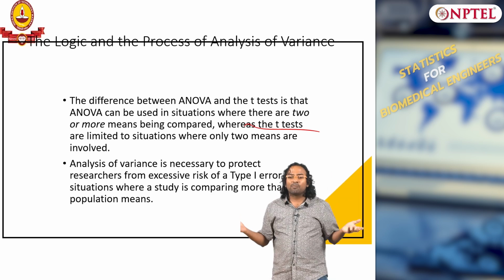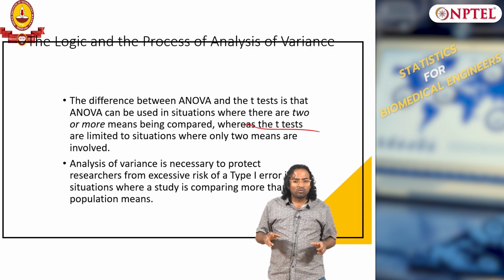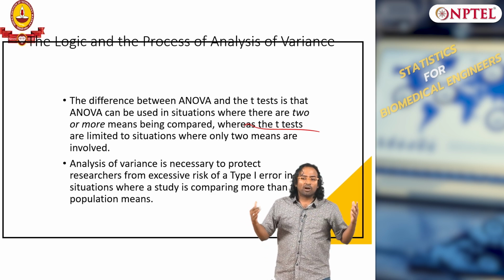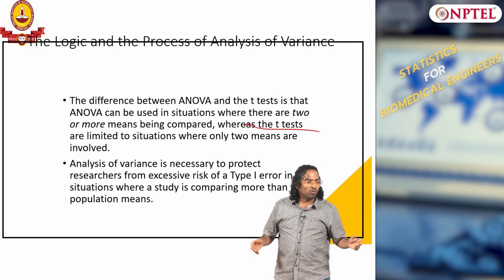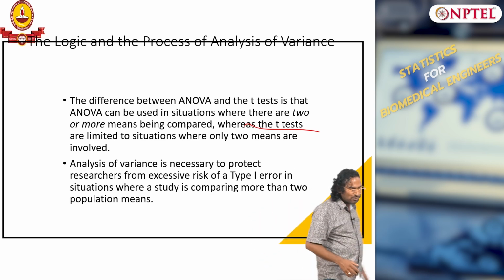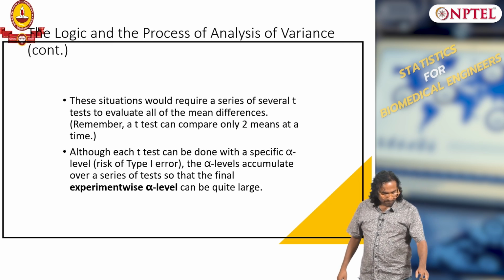What is the overall power of the test? You will not know, that becomes confounded. You see the point? If I have to compare 3 things and use t tests, AB you will have, BC you will have, CA you will have, what is the overall power of the test? You have individual power of test, but what is the overall power of test, right? All of this becomes confounded, and that is the reason why you want to go for analysis of variance.